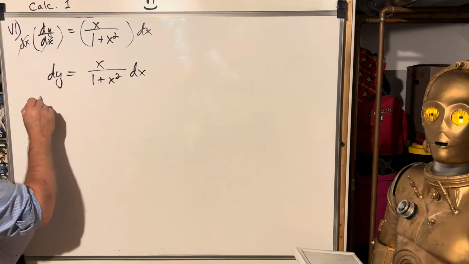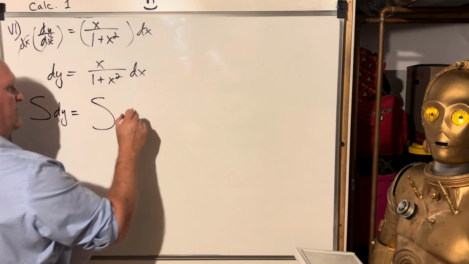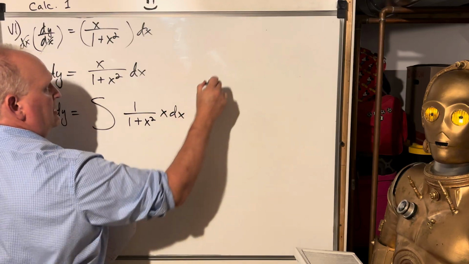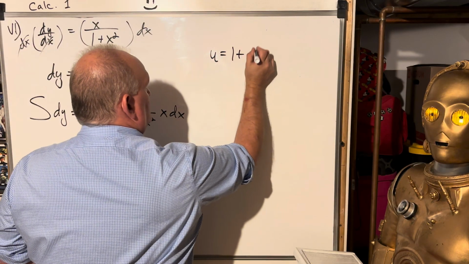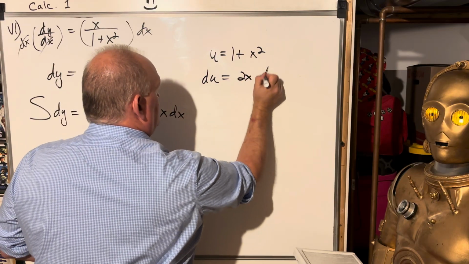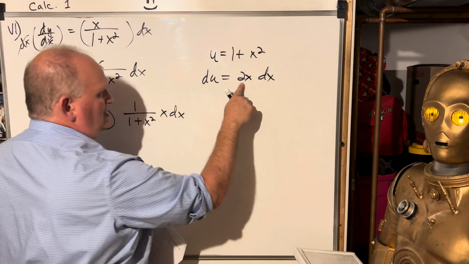And so now we're going to integrate. We'll call this the integral of 1 over 1 plus x squared times x dx. We'll use u substitution, u equals 1 plus x squared, so du is equal to 2x dx. And then I look and say, oh, I've got x dx, and I don't have that 2 there.